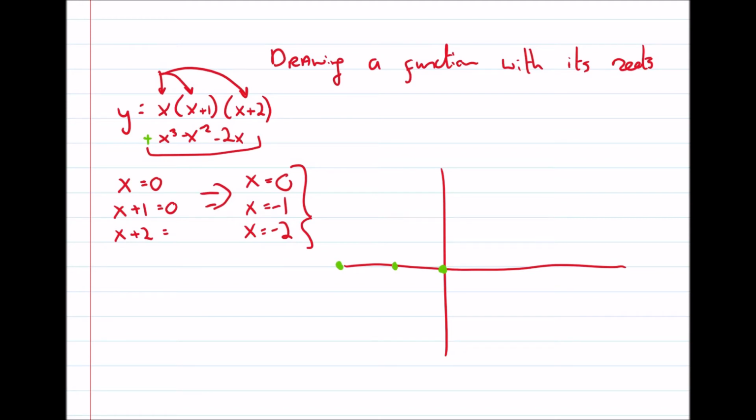We'll change this to a minus, therefore that would be a minus, therefore that would be a plus. So now we have minus 1. Again, looking at these, minus 1, 0, and 2. And I know the shape of it then, it'll go up, down. So that's the general shape, general sketch of that.